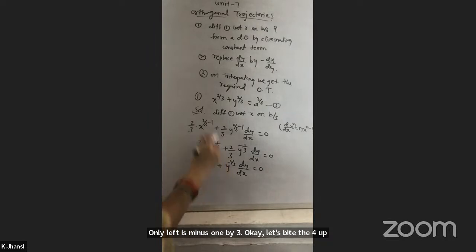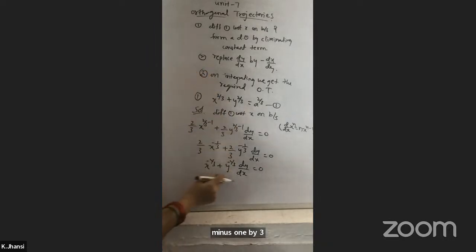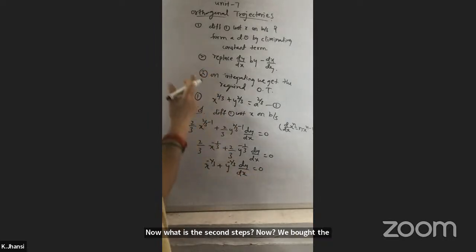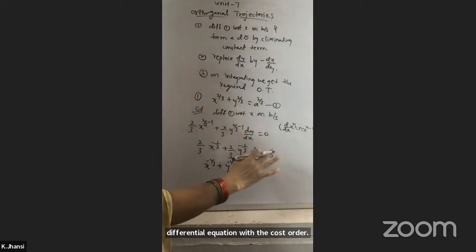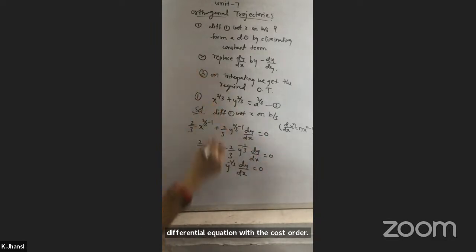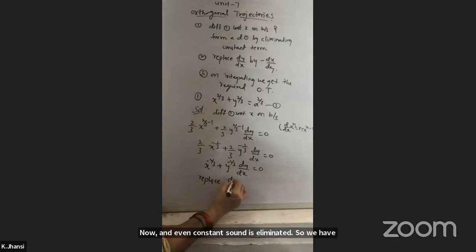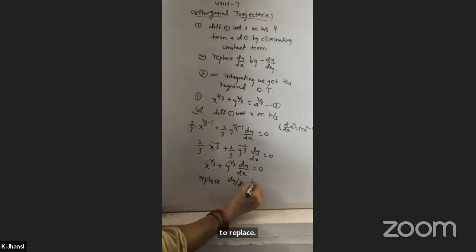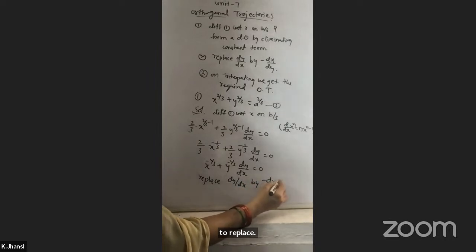Okay. Now what is the second step? Now we got the differential equation with the first order, and even the constant term is eliminated. So we have to replace dy by dx by minus dx by dy. Okay.